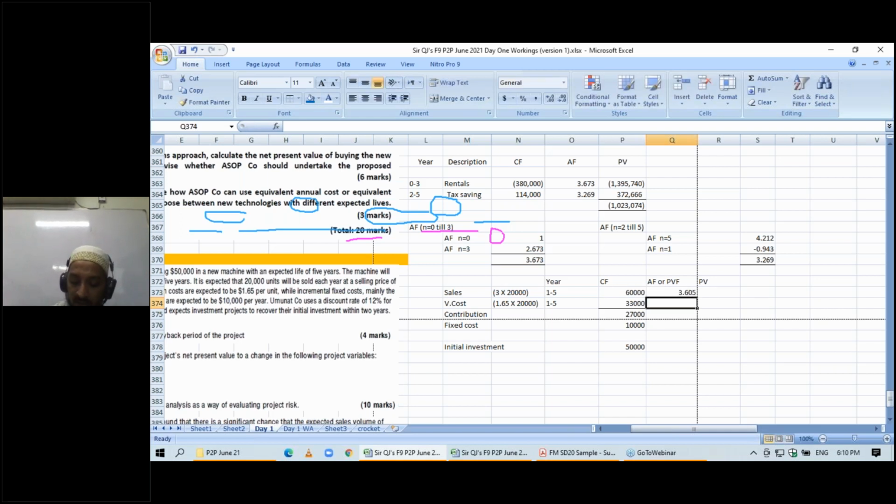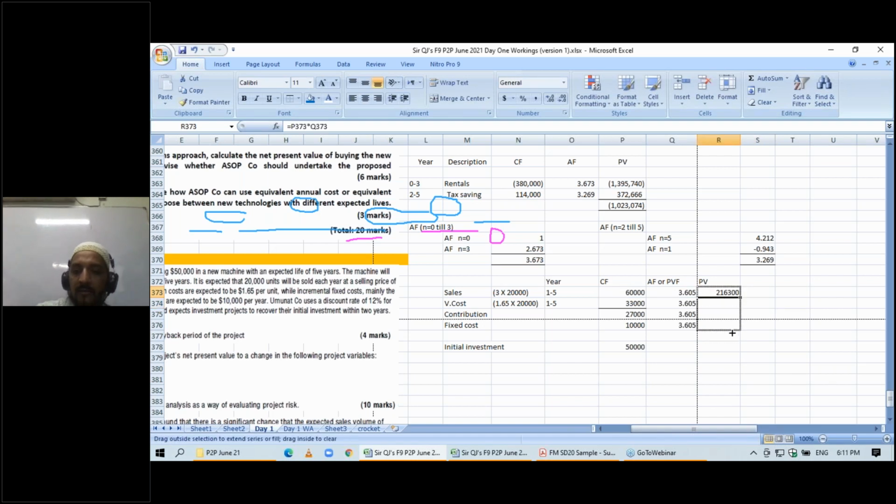So pick that fraction, and then this will remain 3.605 for sales, variable cost, fixed cost and contribution, because all of these items will occur for 5 years, for year 1, 2, 3, 4, and 5. So we have to calculate the present values of 5 times equal cash flows. So we'll get the present values by multiplying the sales into 3.605, and then variable cost into 3.605.